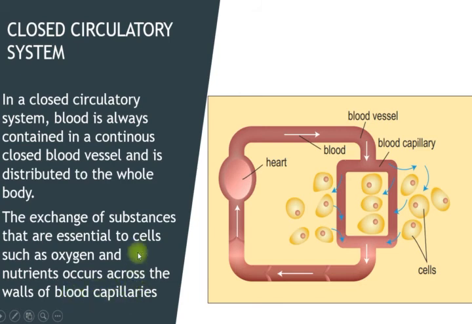So this is the closed circulatory system, where the blood moves in the closed blood vessel, and the exchange of nutrients and oxygen occurs across the wall of the blood capillaries.